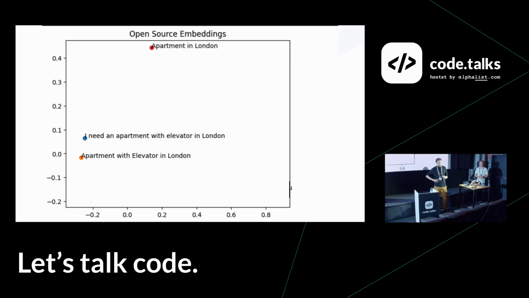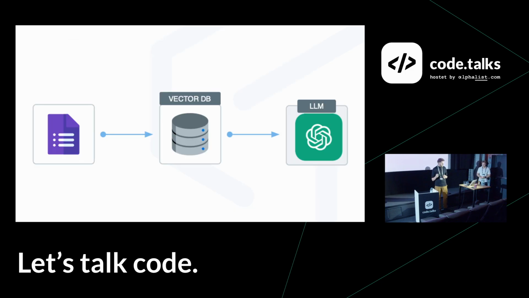So the very naive kind of approach would be that you see how far the question is from some statements in the description. So you hope that this "I need an apartment with elevator in London" would be close to "apartment with elevator in London" and far away from just "apartment in London."